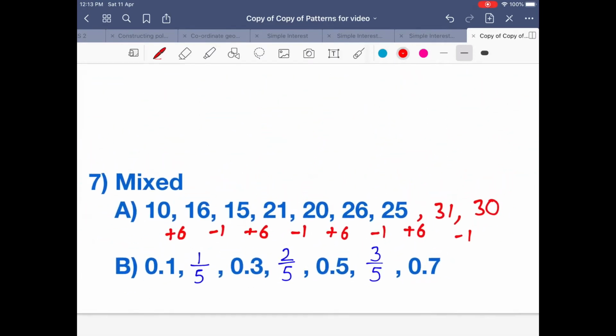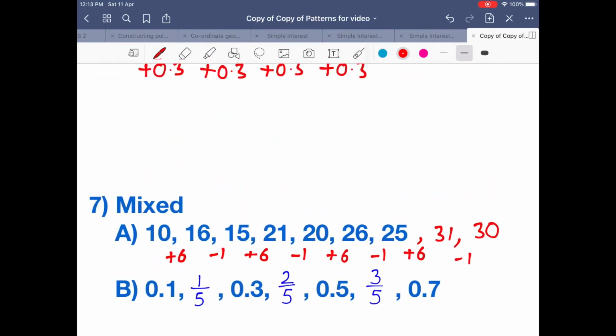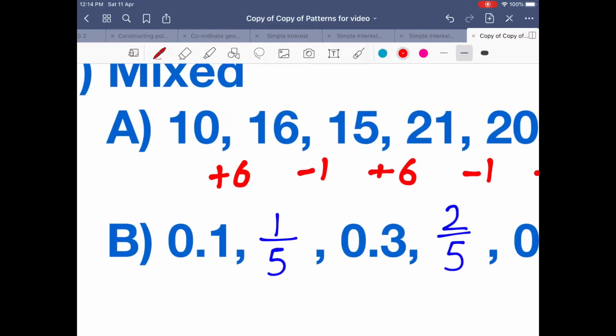Next, we have 0.1, 1/5, 0.3, 2/5, 0.5, 3/5, 0.7. So if we look carefully, we can see that these are simply decimal numbers increasing by 0.1, and for every other decimal number we are replacing the decimal with a fraction, an equal fraction, that is.